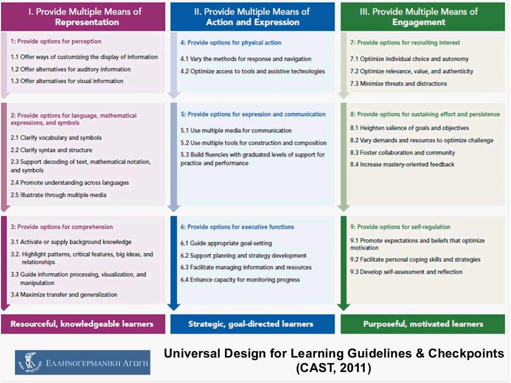So based on the three brain networks and on these principles, we have main guidelines, and each one of these guidelines has some checkpoints that you might need to consider in order to achieve your aim: to have resourceful and knowledgeable students that are goal-directed and motivated towards achieving the learning goals.